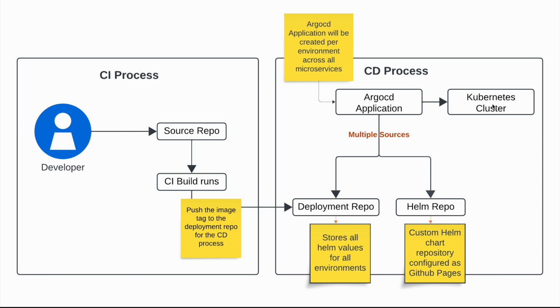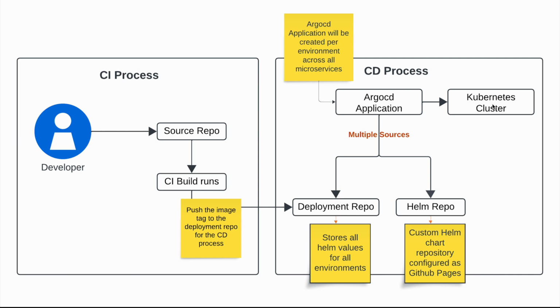So now we will do the demo and see what it looks like, and then we will also talk about the challenges and the comparison between the traditional way of using Jenkins and Terraform and now using Argo CD. What are the benefits, what are the pros and cons?